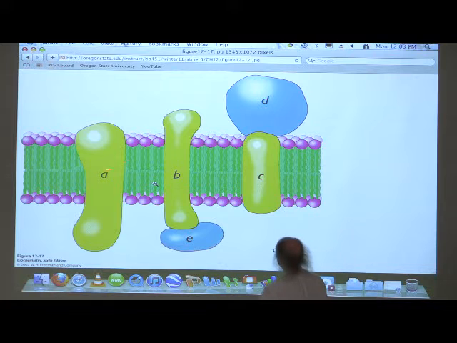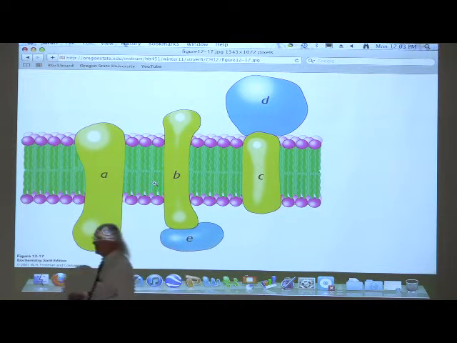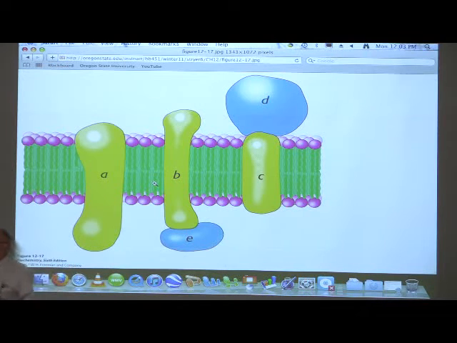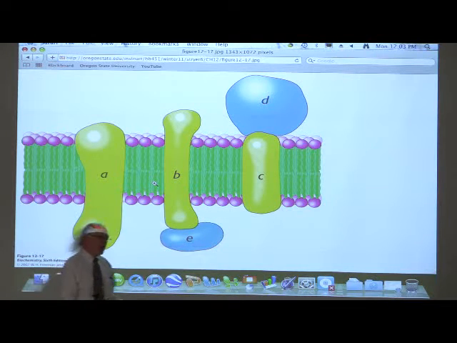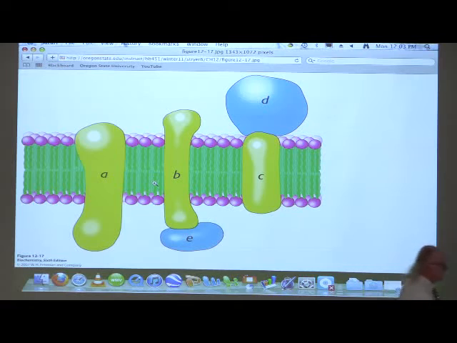We see proteins A, B, and C, and we see that in each case, the protein does what I call projecting through both sides of the lipid bilayer. Both sides. So here's going through. There's one half of the lipid bilayer here. Here's the other half here, and it's going through both sides of it. And all 3 of these do that. When we have a protein that projects through both sides of the lipid bilayer, it's called an integral membrane protein. And your book actually uses that word to describe it.